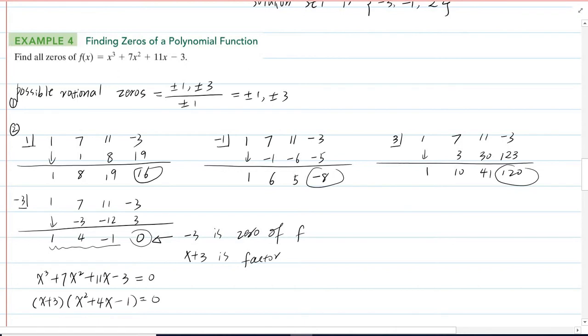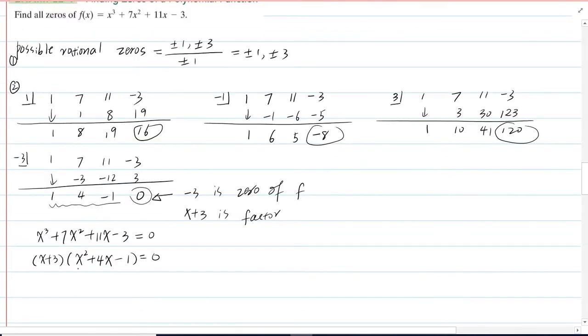That would be equal to 0. So once we write this, normally we would try to factor this second term, but if you look, we cannot actually factor it. So what I'm going to do is go ahead and set x plus 3 to 0, and then we're going to set x squared plus 4x minus 1 equal to 0. So we're going to solve for x squared plus 4x minus 1.